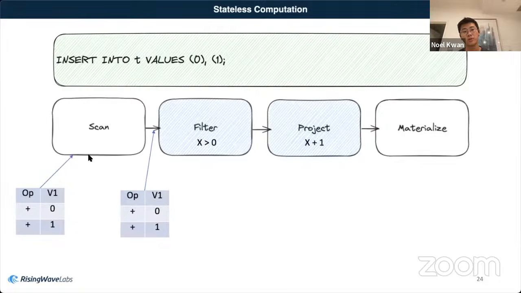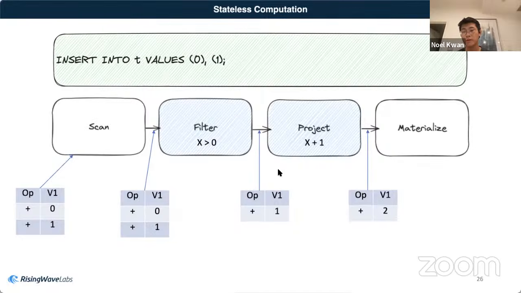After you scan it from the upstream table, you feed it from scan downstream to filter. Now the 0 gets filtered out because this first record is not greater than 0, clearly. So you get 1. And after that, you add another 1 to that record, and you get 2. And this will just get materialized.